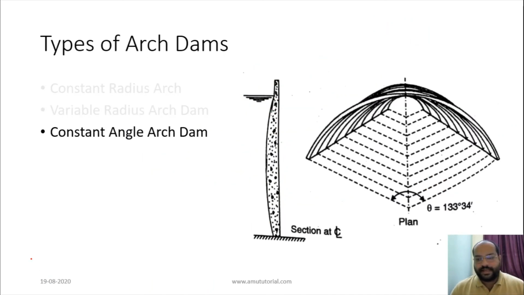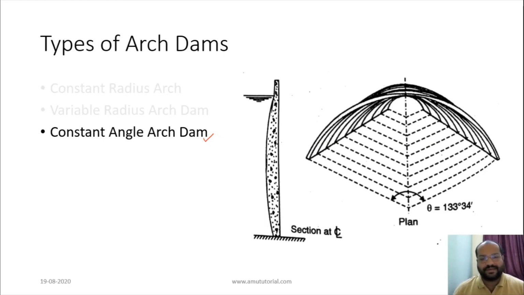In constant angle arch dam, the central angle is constant, it does not change. If the angle at all the elevations remains constant, then this type of dam is known as constant angle arch dam.